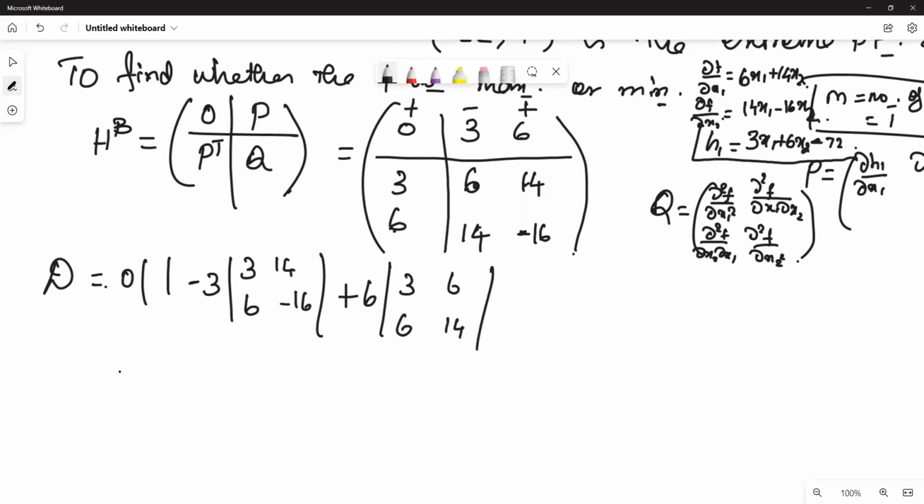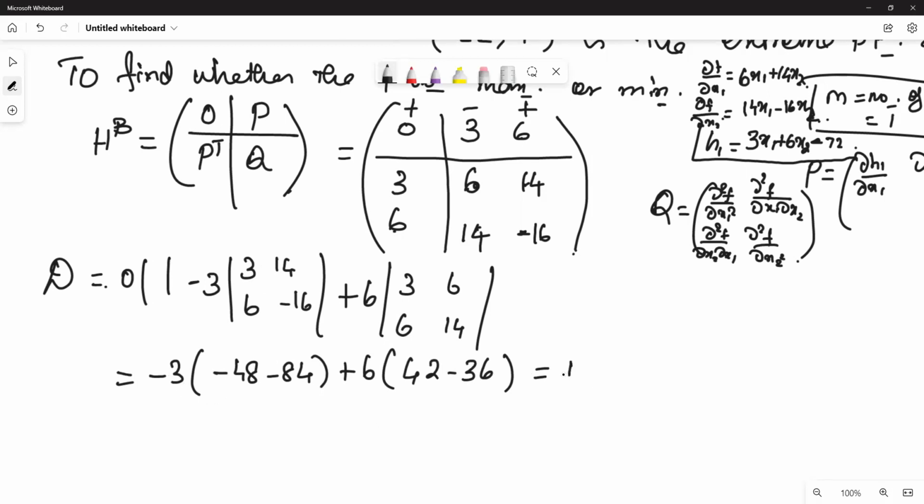Let us check the sign of D. So minus 3 times (−48 − 84) plus 6 times (42 − 36). We can see the sign is positive, because the major term is positive. We don't want the exact value, only the sign.